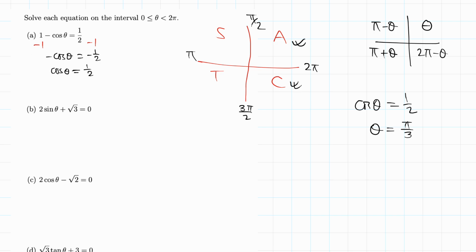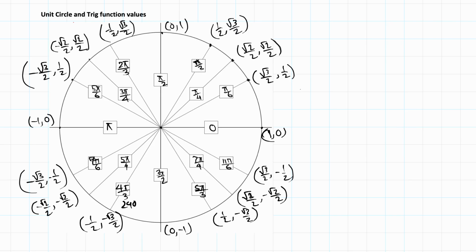So let me show you that as well. The x coordinate 1/2 is here, that's pi over 3, 60 degrees, and we know the answer will also be in the fourth quadrant. Here is one more. Those are the only places where the x coordinate, or cosine theta, is 1/2. Here it is negative 1/2, here negative 1/2.